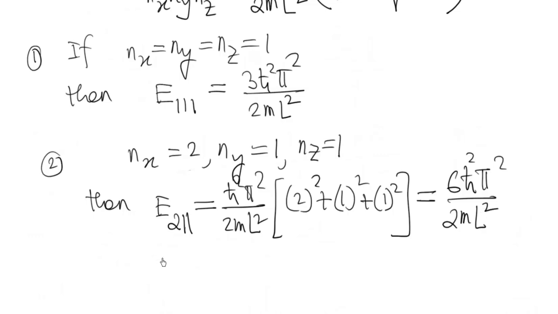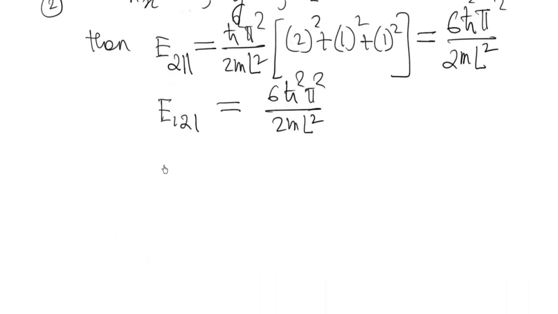Now as I said, you could also have E 1 2 1 with the same energy, 6 h square pi square by twice m L square. Also you can show that E 1 1 2 is 6 h square pi square by twice m L square.